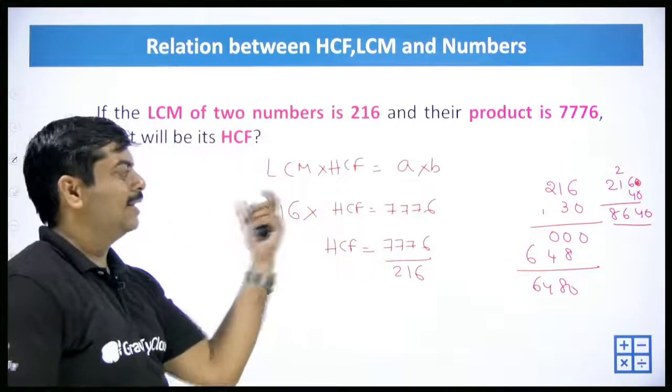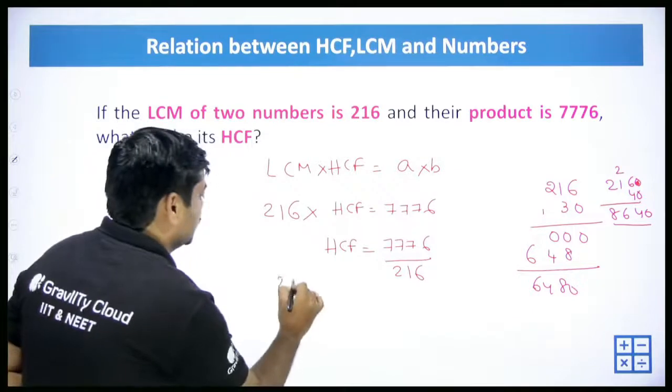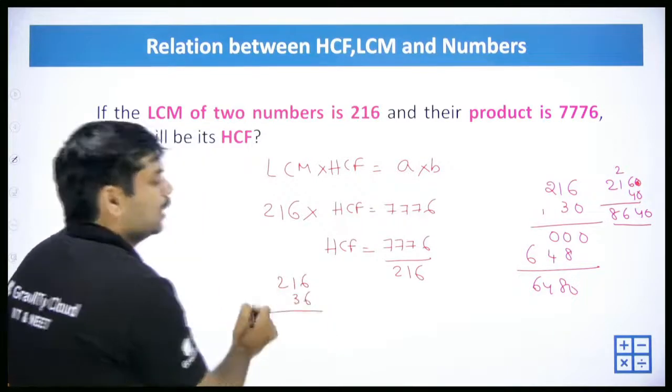So it will be a number between 30 and 40. Let me try to find what is 216 into 36. All these steps are not necessary.